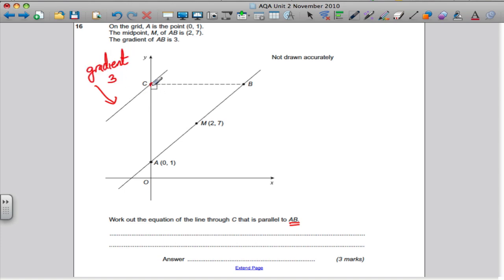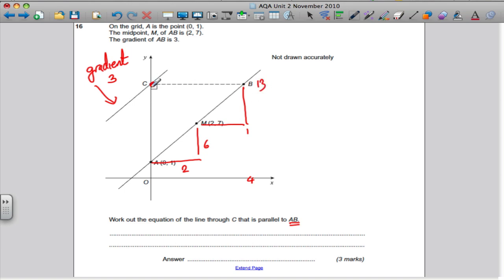So the key point really is just to work out that coordinate now. If that's the midpoint of this line, we've gone across 2 and we've gone up from 1 to 7, which is 6. So to get to this point here, we must go across another 2 from 2, so we'd be over at the point 4, and we must go up another 6 from 7, so we'd be at 13 high.